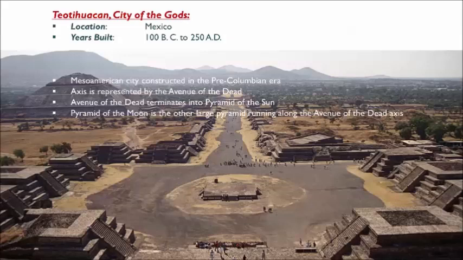And the Pyramid of the Moon is slightly smaller than the Pyramid of the Sun. Not quite as tall, but that kind of makes sense in the hierarchy of the buildings, that the one that is the terminating element would be slightly larger and more grand in scale.